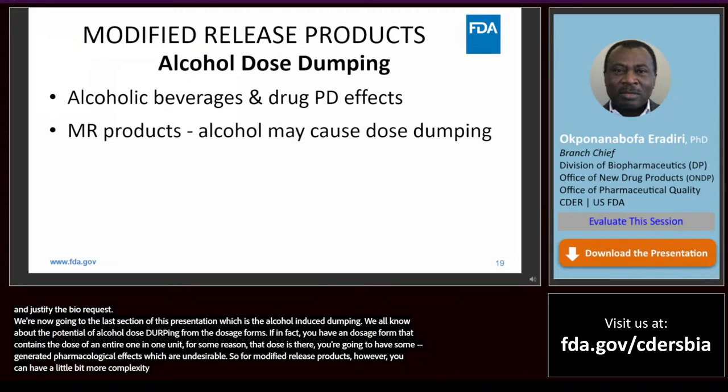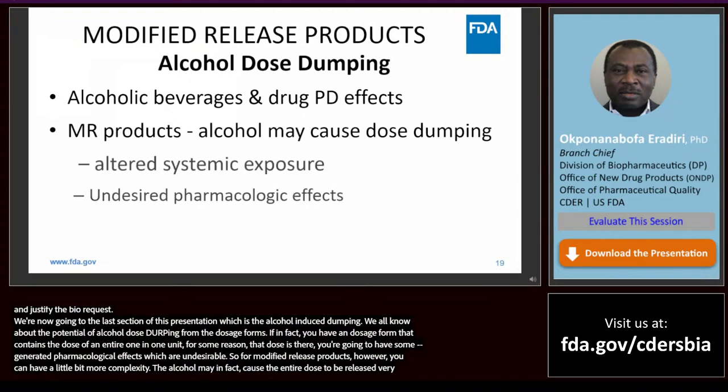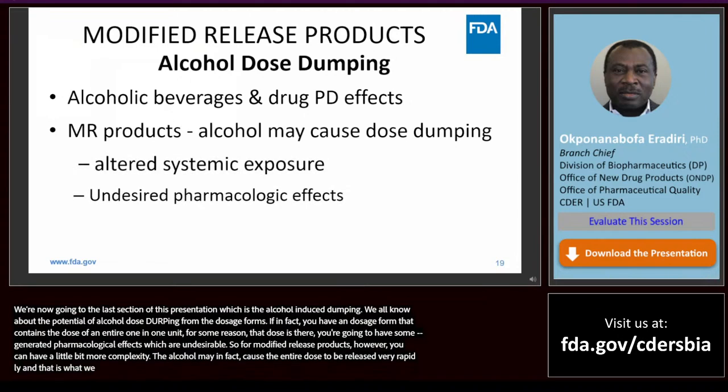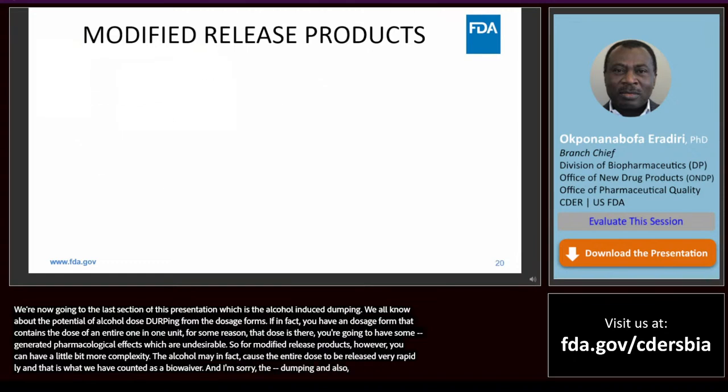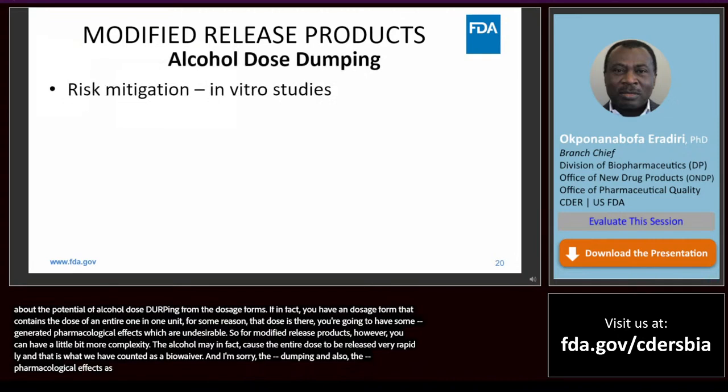The alcohol may in fact cause the entire dose to be released very rapidly, and that is what we term dose dumping, and also the undesired pharmacological effects as well, which we do not want.